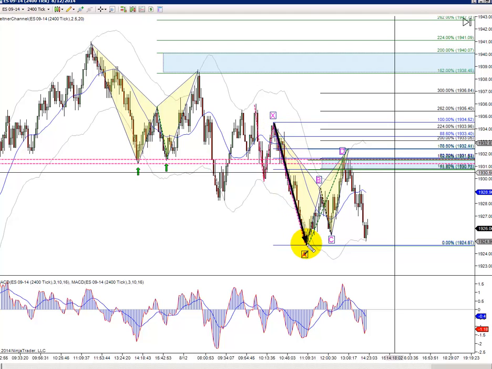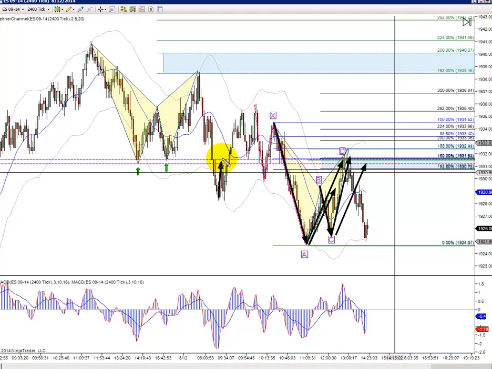We drew down from X down to A, up to D. We also took extension from B down to C, up to D. We also took that A to B and put in a C to D leg.